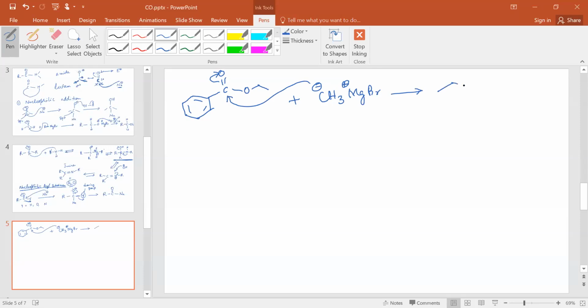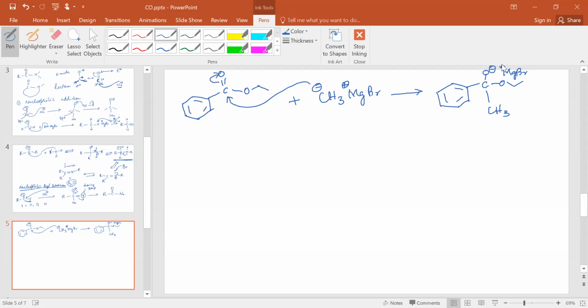So you have O minus, the ester here and CH3 here, and magnesium bromide as a counter ion, with magnesium positively charged.